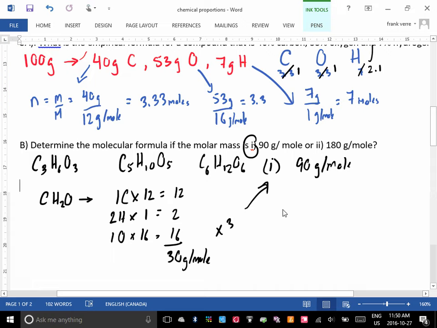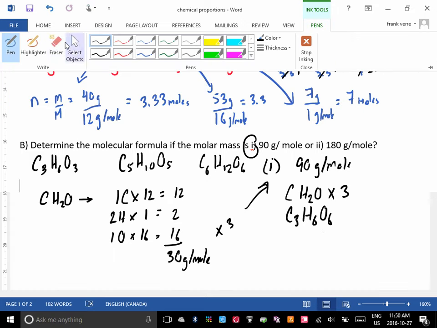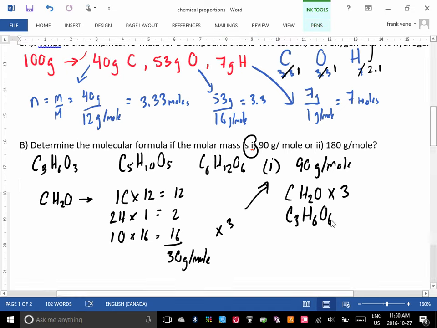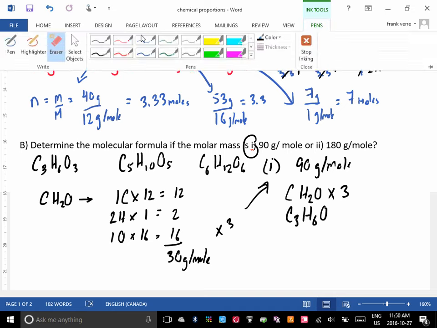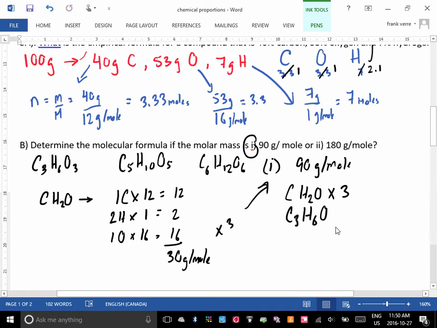So if the empirical formula is CH2O, then the molecular formula must be C3H6O6. Right? I was just seeing if you're paying attention. Okay? So C3H6O3.